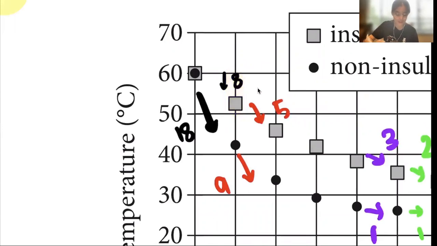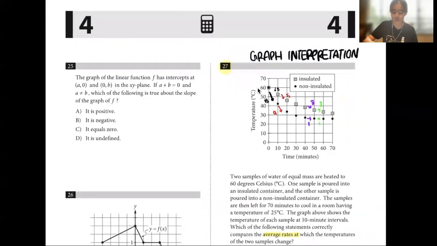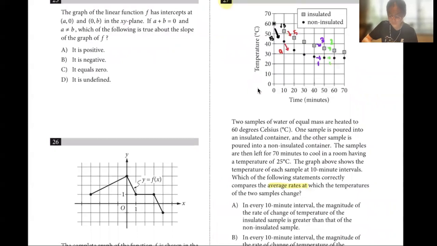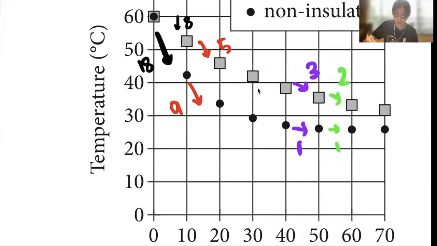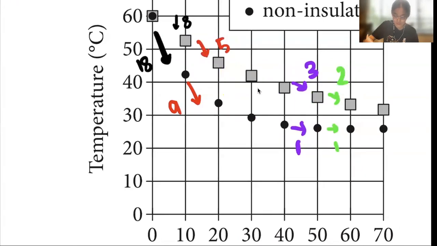So it's kind of hard to guess, but a rough estimation should be okay, just as long as you're looking at the same place. You shouldn't be looking at the difference between this part here. You would want to be looking at this change and this change.